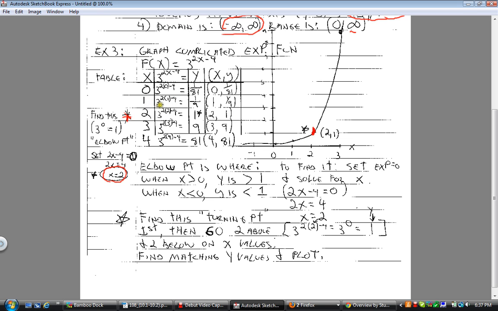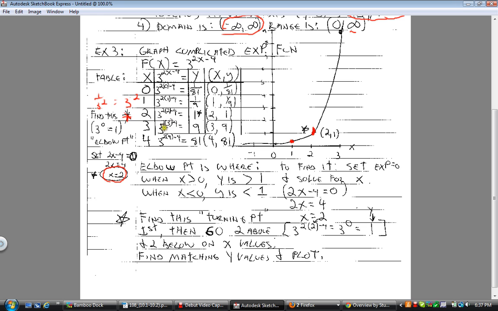If you let x equal 1, you get 2 times 1 is 2, minus 4 is negative 2, which is 3 raised to the negative 2, which is 1 over 3 squared, which produces 1/9. And so now you're about right here, approximately. And if you go 1 above it at 3, you get 2 times 3 is 6, minus 4 is 2, 3 squared is 9.